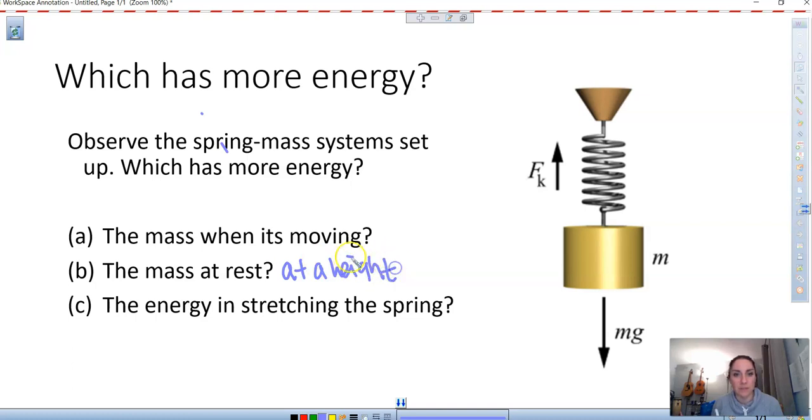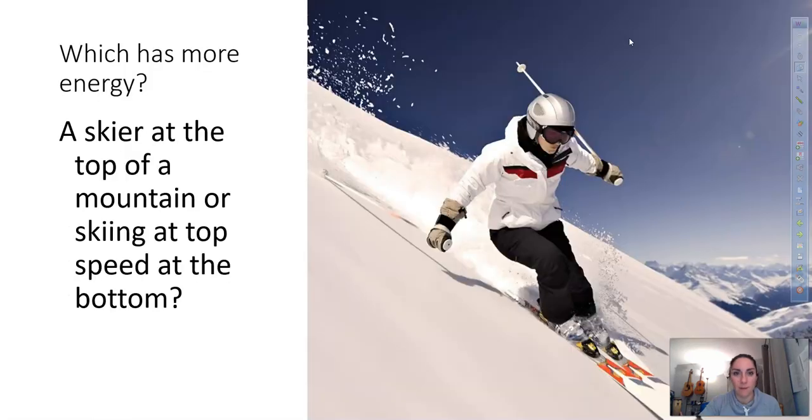And the answer is this one: GPE. Generally, not always, but generally, GPE has more energy than when it's moving or when it's stretched. That's because when you do work against gravity, the factor of g already includes a factor of 10, so it generally is a very large number when you calculate it. So, spoilers for later on with that.